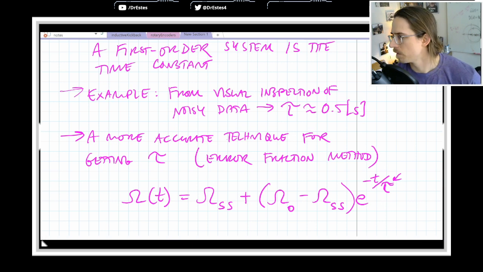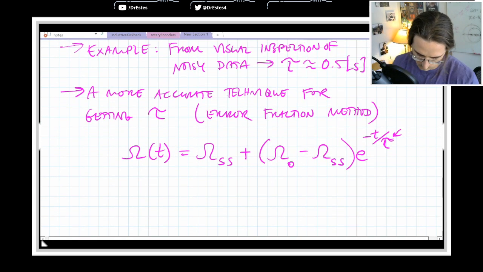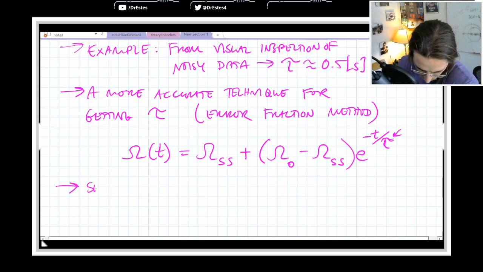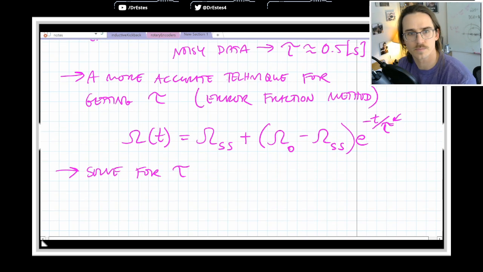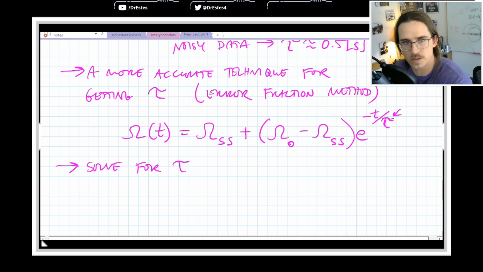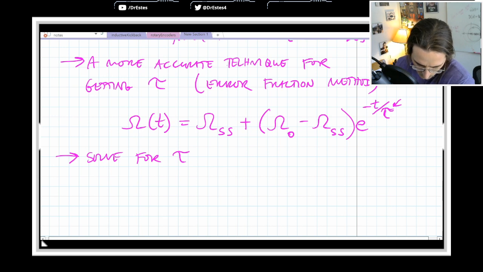So what I want to do is solve for tau. Can you put the plot on the screen again for a few moments? I'll be right back to it pretty quick. So I'm going to isolate this exponential term by itself first.